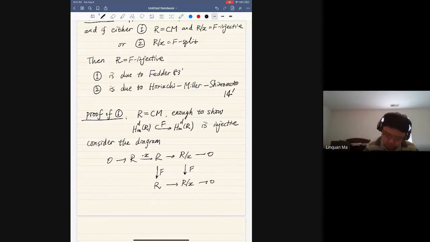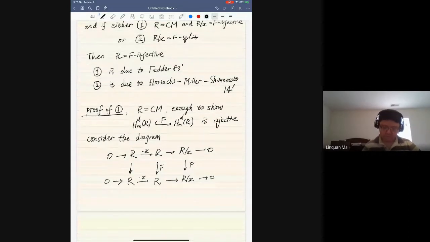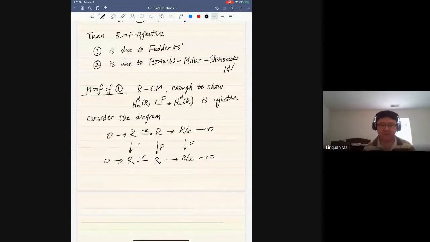So this diagram obviously commutes. But here I want an induced action, and you have to be a little bit careful. If I put the natural Frobenius here, then this left square does not commute. If you want the left square to commute, you should put in x to the p minus 1 times F. I leave it to you as a simple exercise to check it.